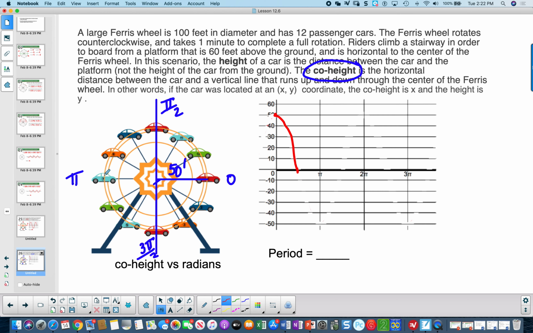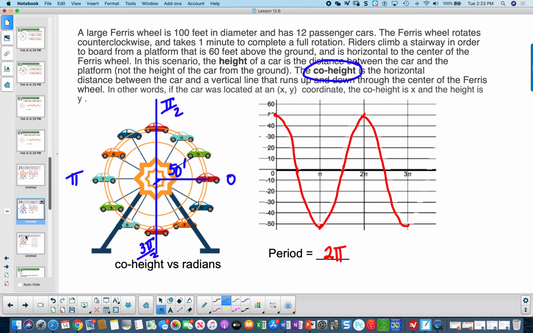And then over here, it's going to be 50 feet, but in the other direction, so it's going to be down here. And then at 3 pi halves, it's going to be hitting this vertical part right here. And then we can continue doing the same kind of thing. And this is going to be a period of 2 pi.